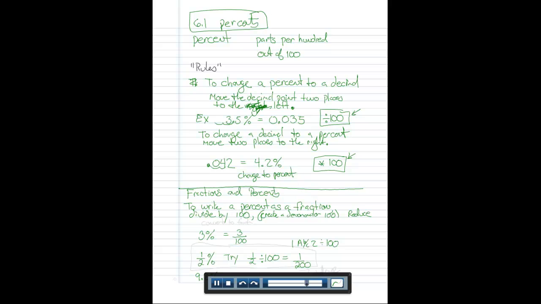But if I wanted to convert this to a fraction, I would go 9 ABC 2 ABC 10, like it was a mixed number, 9 and 2/10, divide by 100. Okay, so I'm going to call that one a challenge problem.